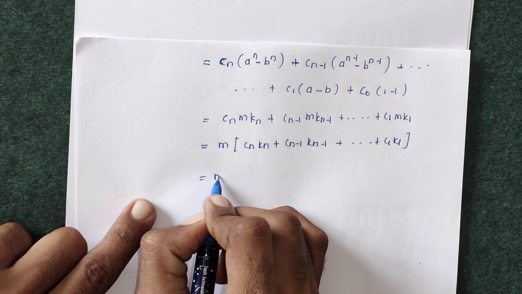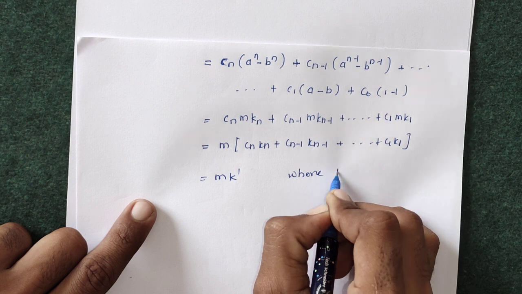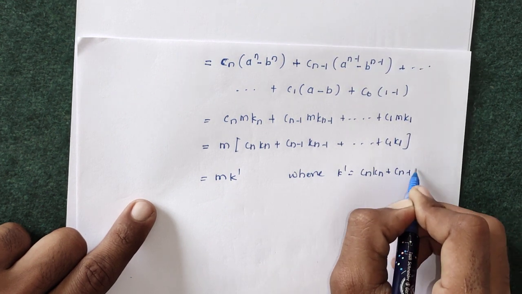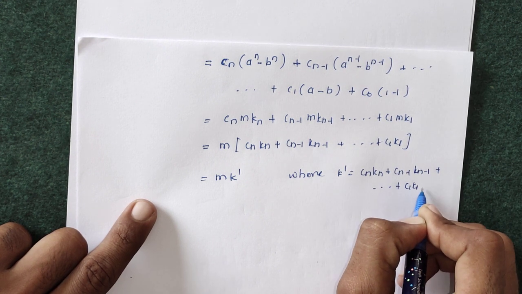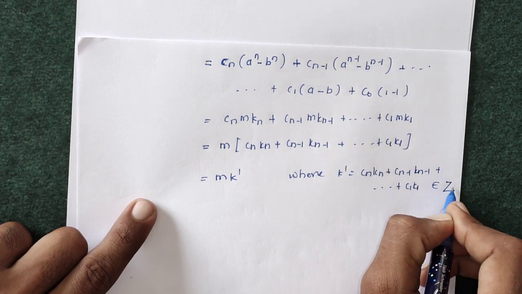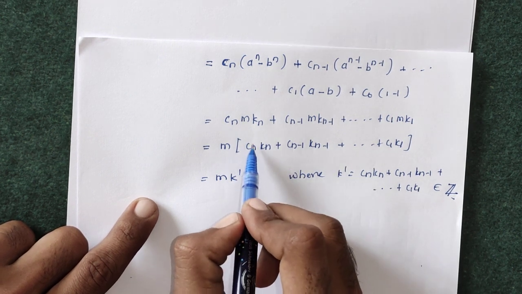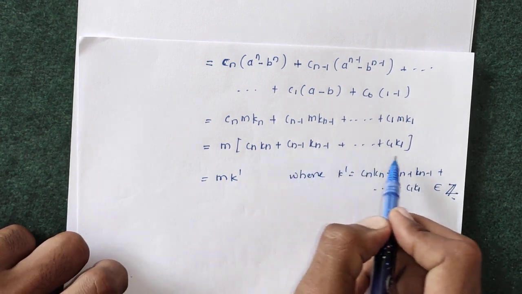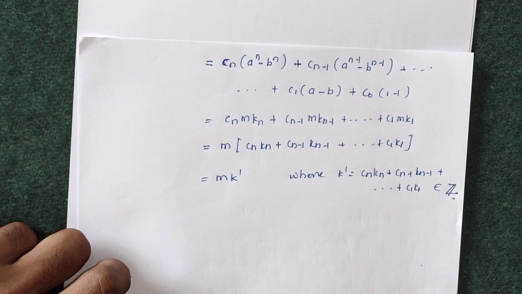Suppose this is equal to m into k prime, where k prime is equal to cn kn plus cn minus 1 kn minus 1 plus up to c1 k1. This k prime is again an integer because all the coefficients of the polynomial, that is cn, cn minus 1 up to c1, c naught, are integers, and kn, kn minus 1 up to k1 are all integers, and multiplication and addition of integers is again an integer.